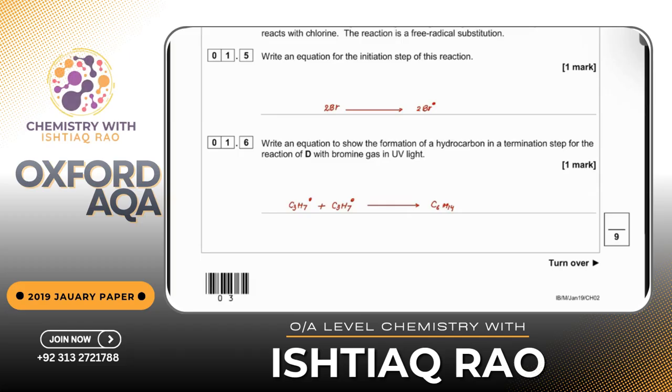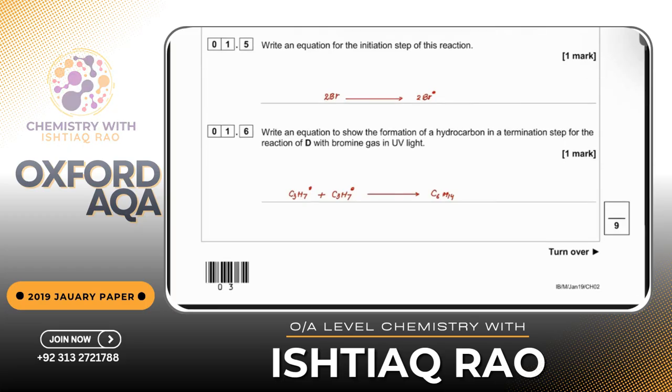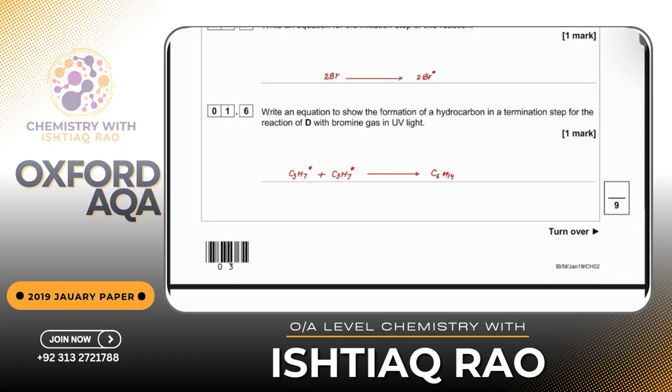In termination, we have to terminate a radical. So how can we terminate a radical? Radicals have an unpaired electron. When they react with each other, unpaired electrons get paired. In this way, radicals are eliminated. That's called the termination step. You can take any of the radicals which is formed.